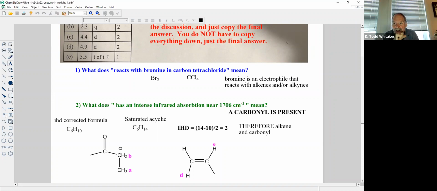These machines cost more than $1 million. I'm serious. What this information says here, on one side of the E hydrogen, which is this one, there are 2 neighbors. Remember, 2 neighbors causes a triplet. 2 + 1 = T, 3.